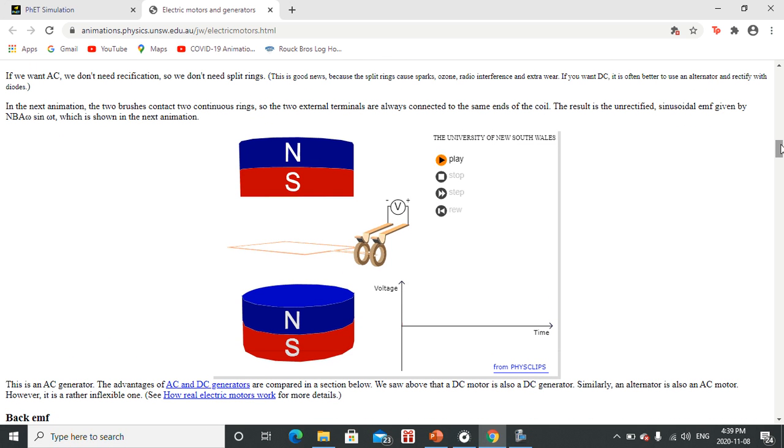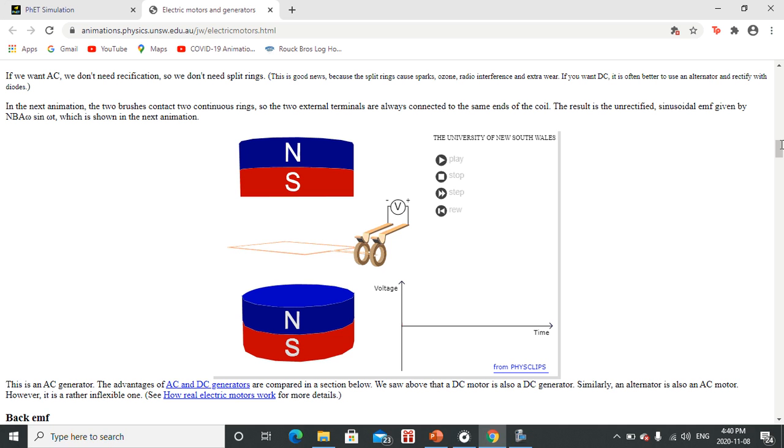this one here is for an AC generator. So as it says in this animation, now we have two brushes that are in contact, and now we have continuous rings. So it's not the split ring, it's the continuous ring that we have here. It also says the two external terminals are always connected to the same ends of the coil.